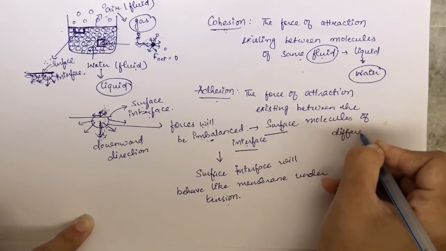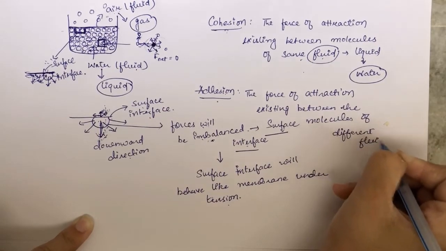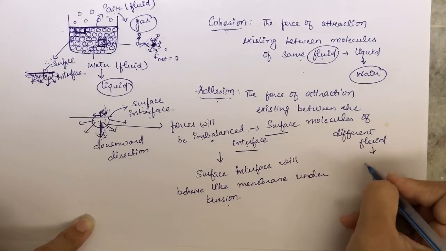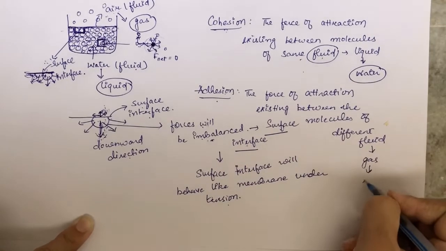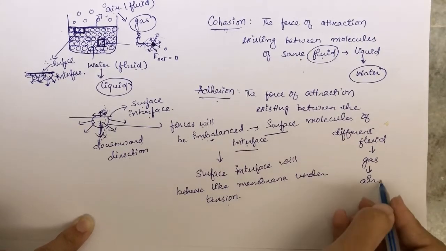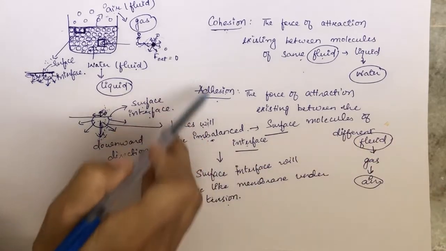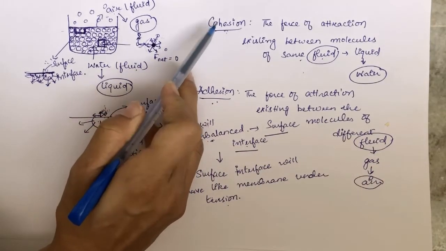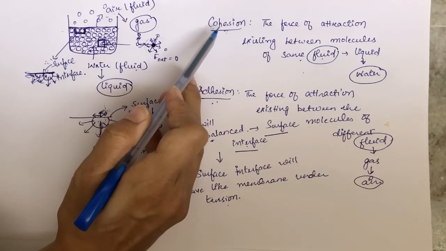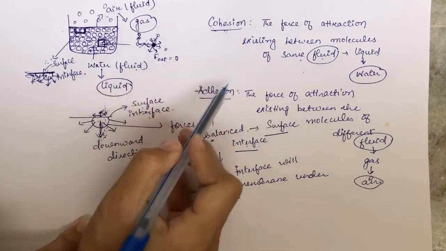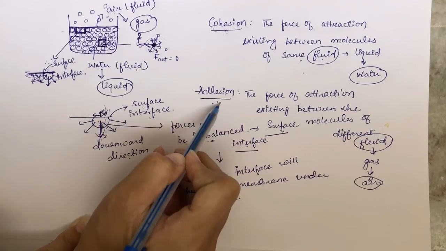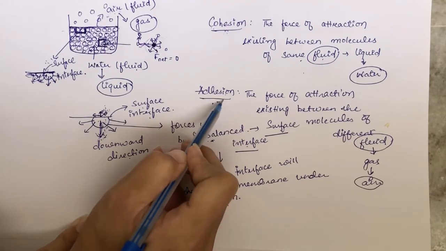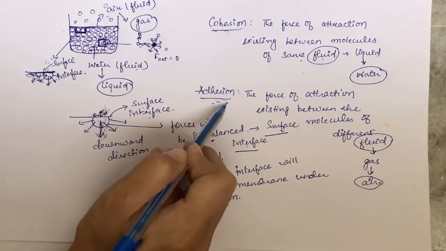Here the fluid we are talking about is gas, and in our case it is air. In cohesion, the attractive forces exist between the molecules of the same fluid, while in adhesion the forces of attraction exist between the molecules of different fluids.